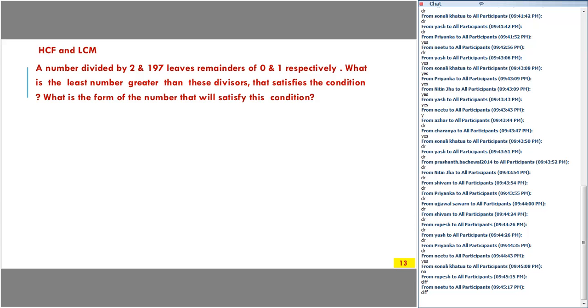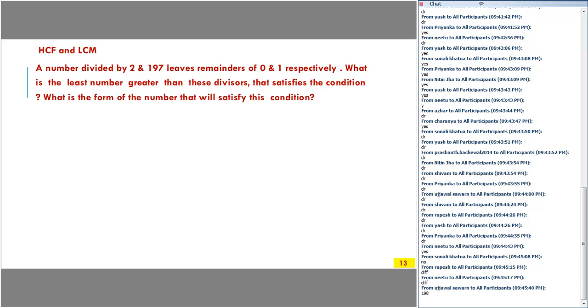What's the least number? That should be answered easily. Then what should be added?